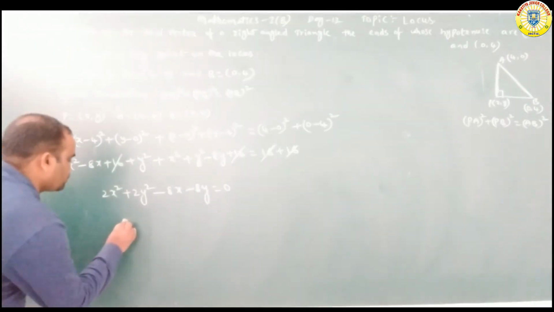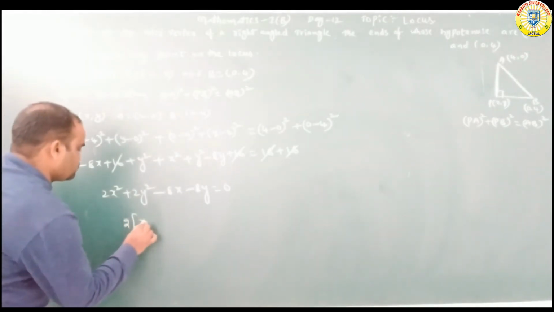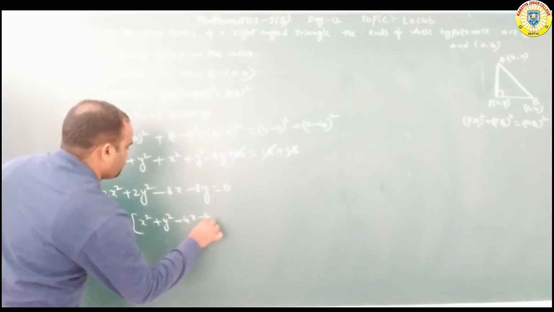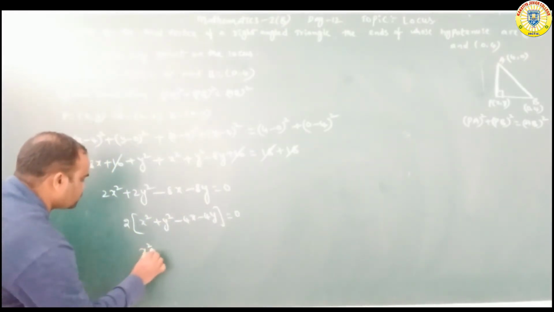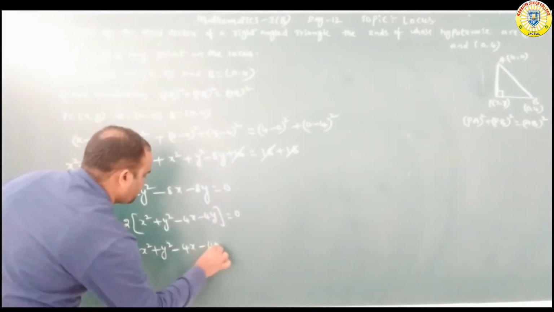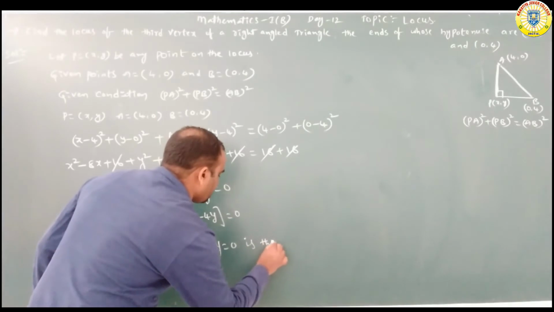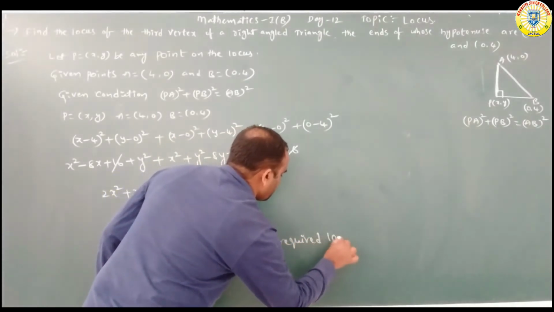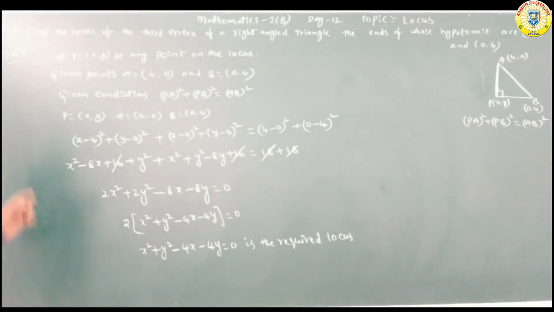So x square plus y square minus 4x minus 4y is equal to 0. Therefore x square plus y square minus 4x minus 4y is equal to 0 is the required locus. All of you write down.